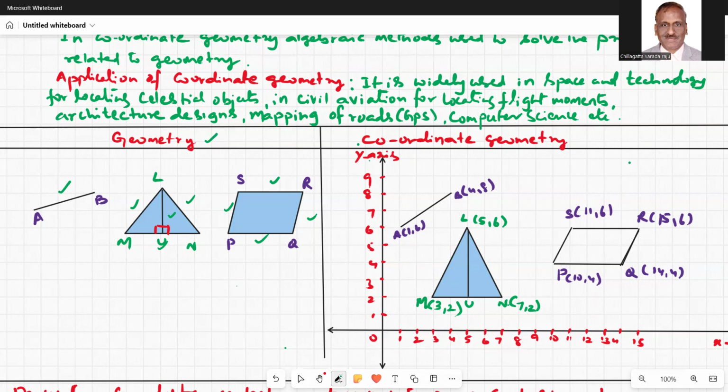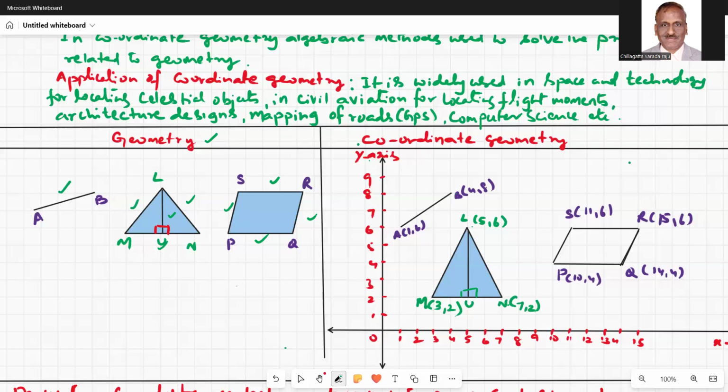All these problems can be solved in coordinate geometry also. The difference is here we will use only the coordinates to find the length of AB, the sides of the triangle LMN, the altitude LU, the area of parallelogram PQRS, or how to find the sides of the parallelogram PQRS, and so on.